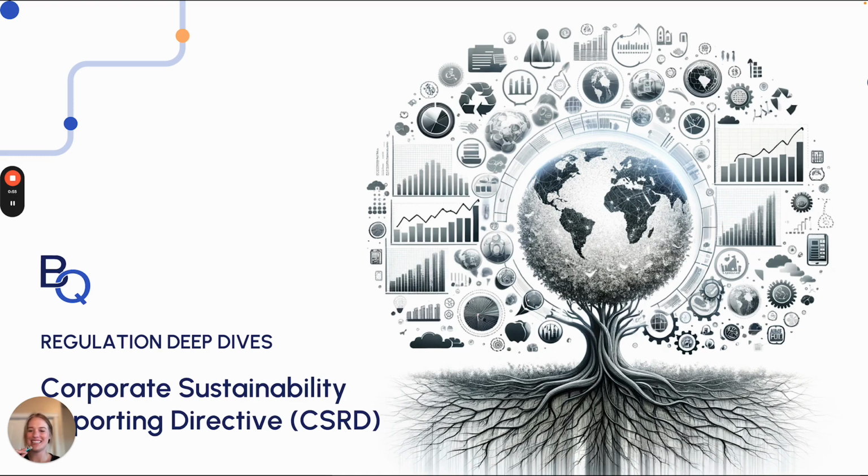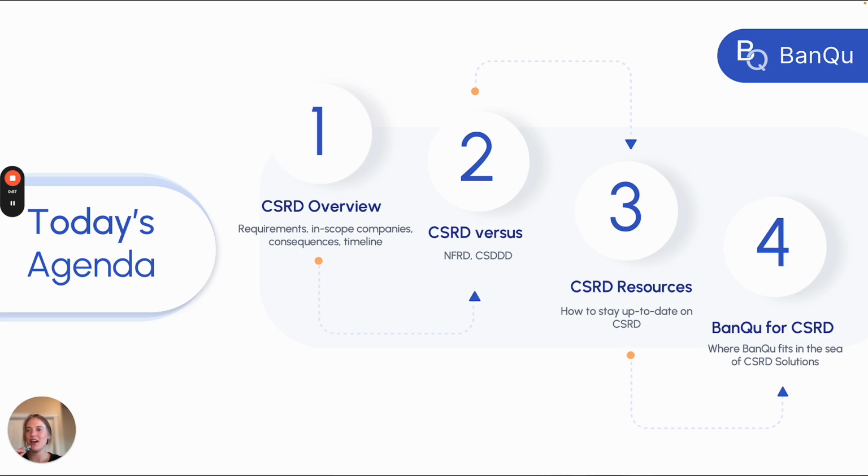So let's get into it. We'll go over how we typically go over different regulations. We'll start with a quick overview of the CSRD, what the requirements of it are, which companies are actually in scope for the CSRD, what the consequences for noncompliance are, and then the timeline around implementation.